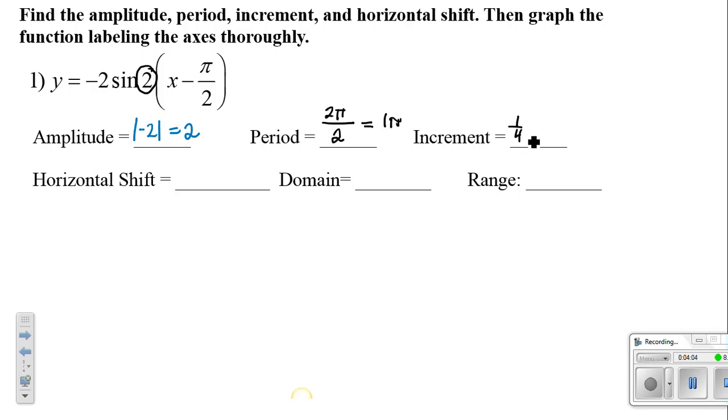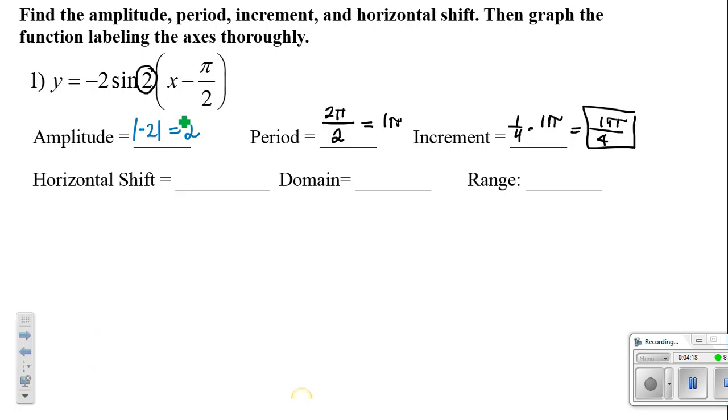Take 1/4 times 1 pi, and you'll get 1 pi over 4. That's our increments. Okay, so then our horizontal shift is going to be in green, and this is going to be a right shift of pi over 2.